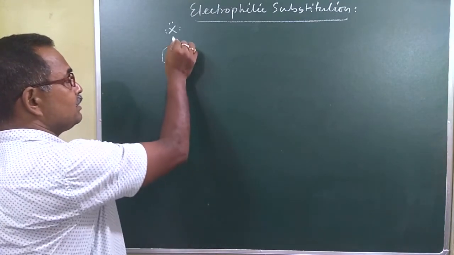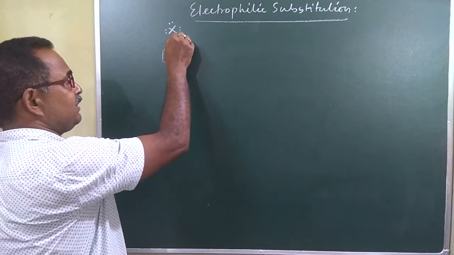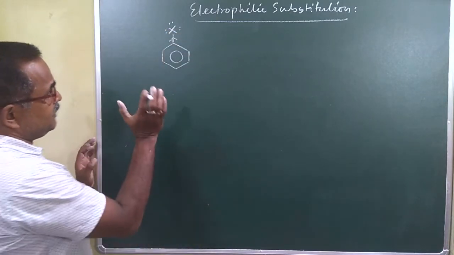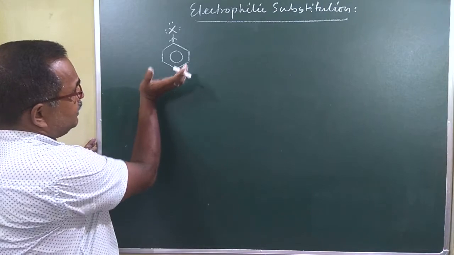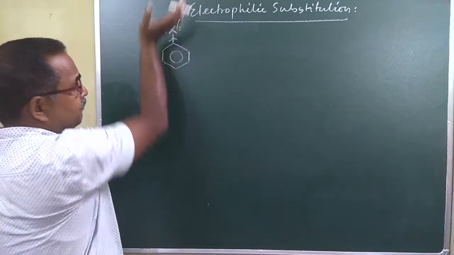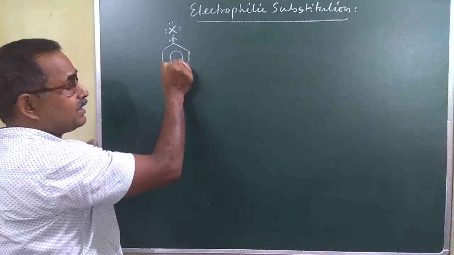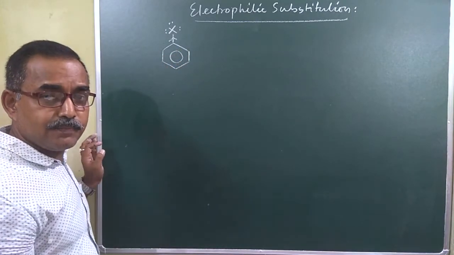Why so? This is because of the minus I effect of the halogen atom. By virtue of the minus I effect, the halogen atom pulls electrons away from the aromatic system, thereby decreasing the electron density at the aromatic ring.